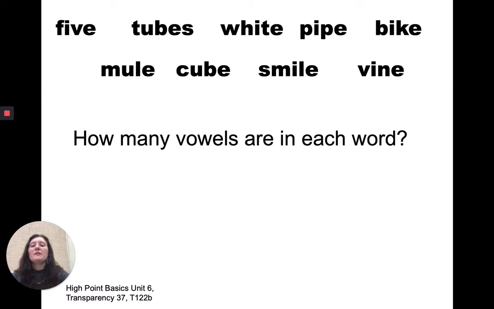So how many vowels are in each word? So I'll give you a minute to look at each of these words that we just read through. And remember, the vowels are A, E, I, O, U, and sometimes Y.